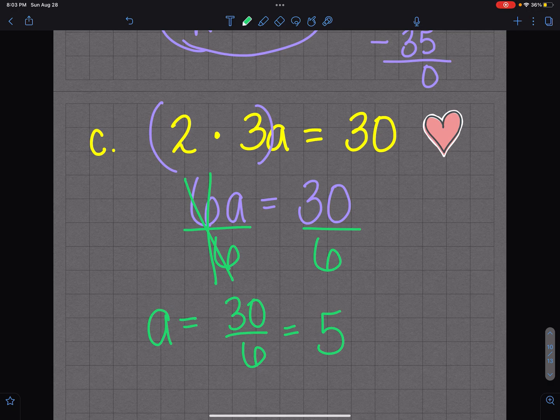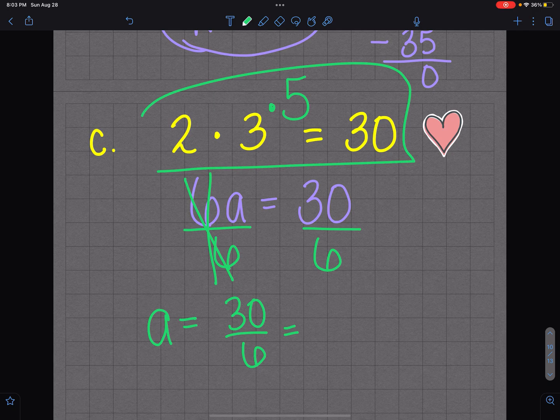Now, of course, let's check the answer. So I'm going to take this 5 and put it up here in place of that a. So let's do 2 times 3 times 5. Does that make 30? And turns out, yes, it does. So we got the answer correct. So a is equal to 5. That's the answer I should circle.